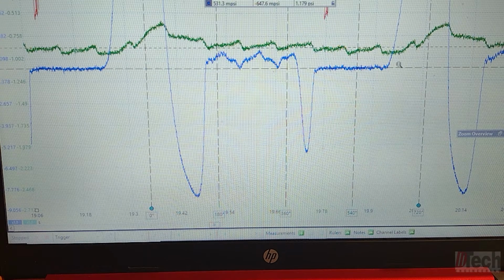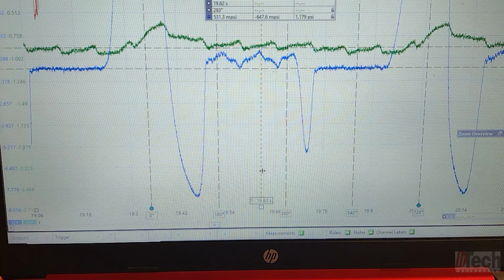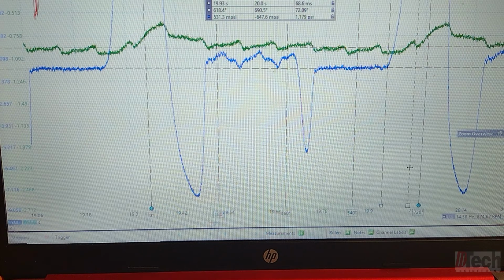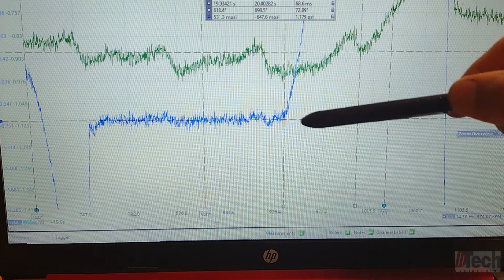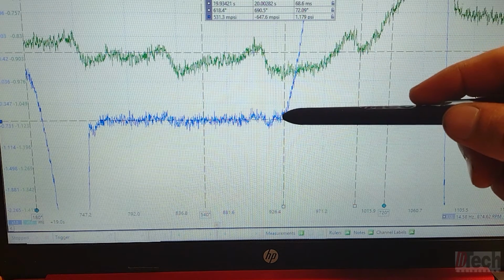And the difference between the two is just over 1 psi. And then in time, if we mark off where the valve closed to where the pressure started changing, it's this square here basically.